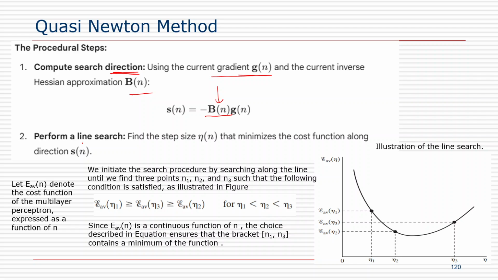Now we have to perform the line search to find the step size eta of n at time step n, which is the learning rate. When we used gradient descent, I said W of n plus 1 is equal to W of n minus the learning rate times the gradient.